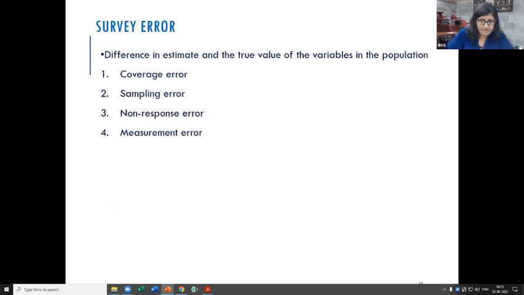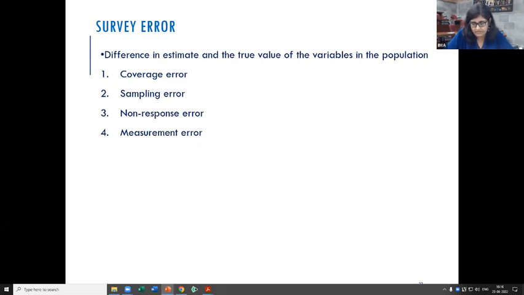Okay. Now, there are 4 kinds of survey error, and they're fairly simple to understand. Coverage error is when you are not covering certain units of your population. So if you are surveying a school and you want to know about something across the school, but you are only surveying the teachers, then you are not surveying the students, you're not surveying the staff, you're not surveying other stakeholders in the school.